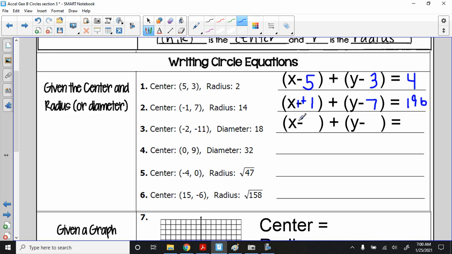-2 goes in, so this becomes +2. -11 goes in to make this +11. The diameter is 18. Be careful, you need the radius. Radius is half of that, so this needs to be 9 squared.